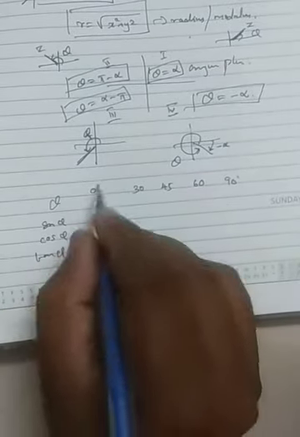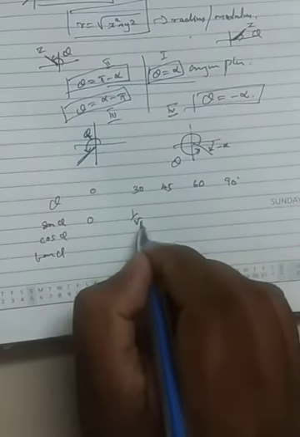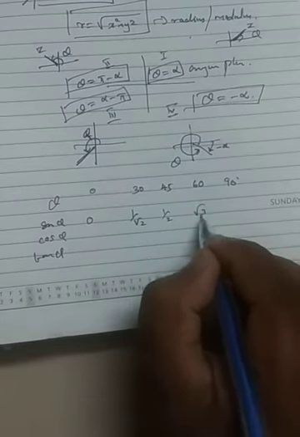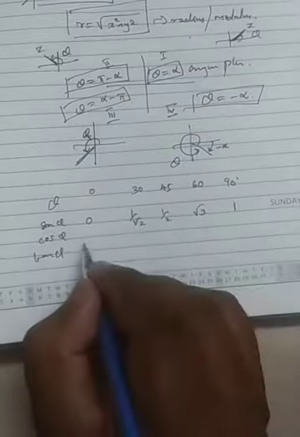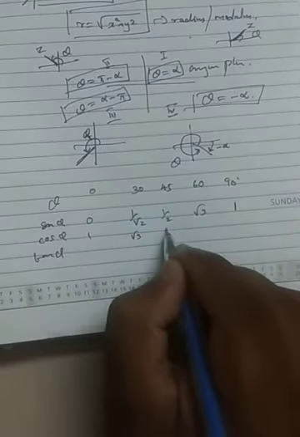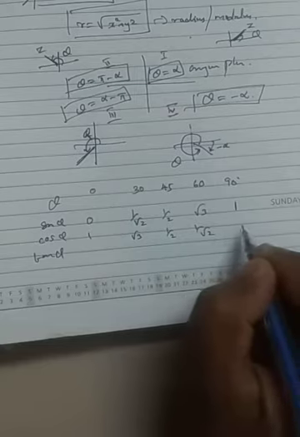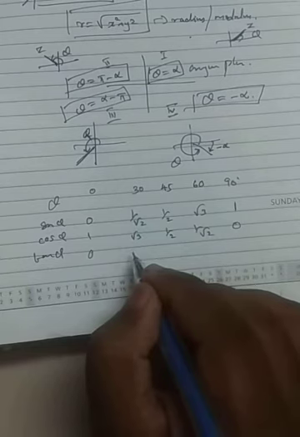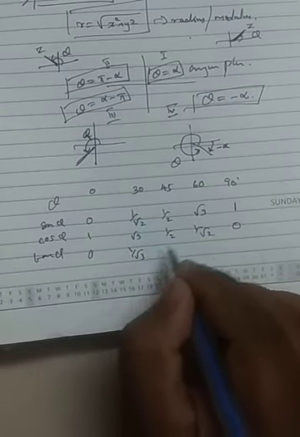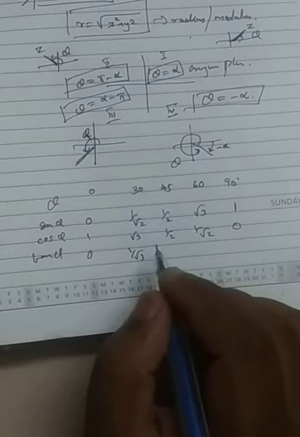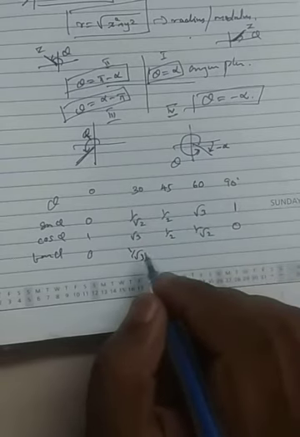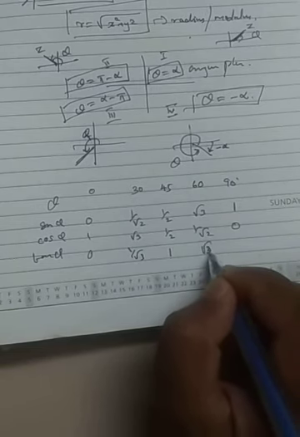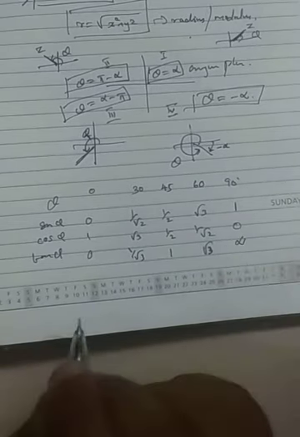Sin 0 is 0, sin 30 is 1 by 2, sin 45 is 1 by root 2, sin 60 is root 3 by 2, and sin 90 is 1. Cos will be in reverse. Similarly tan 0 is 0, tan 30 degree is 1 by root 3, tan 45 degree is 1, tan 60 degree is root 3, and tan 90 is not defined.